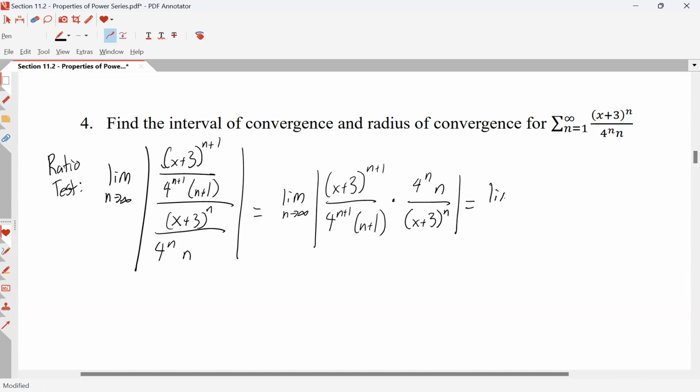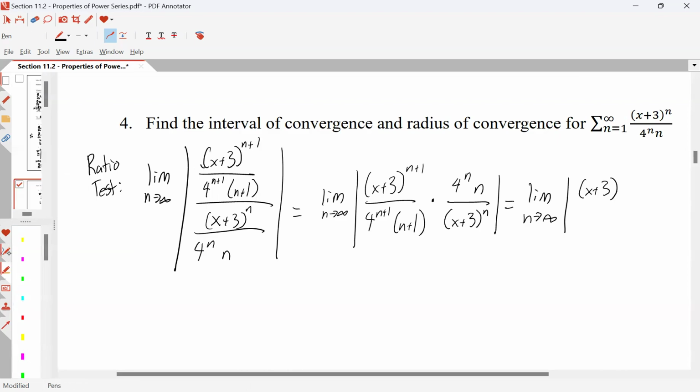Things that cancel: the x plus 3 to the n plus 1 divided by x plus 3 to the n is just x plus 3. The 4 to the n plus 1 and the 4 to the n is just a 4 in the denominator. And then we have n over n plus 1.